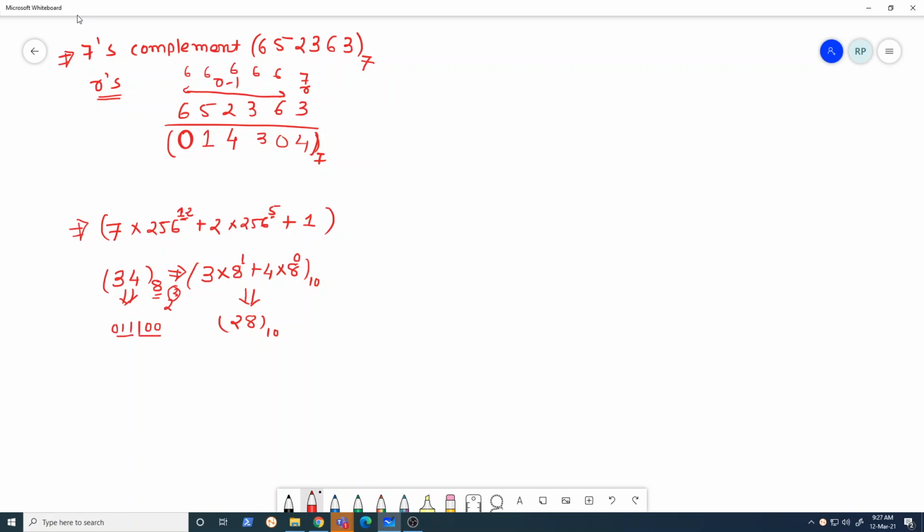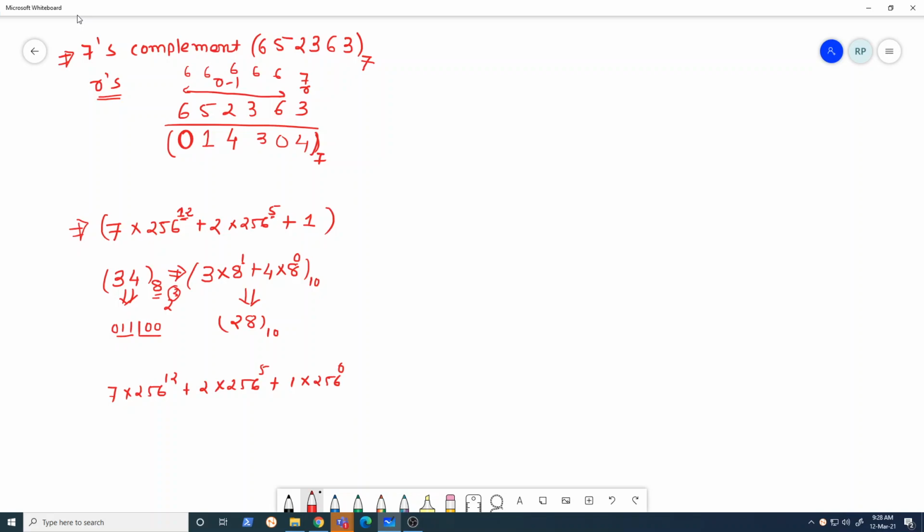Now this number is 7 into 256 raised to 12 plus 2 into 256 raised to 5 plus 1 into 256 raised to 0. I can write it like this.